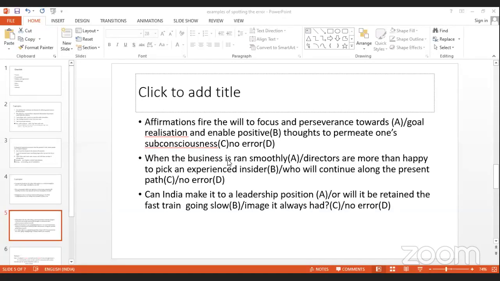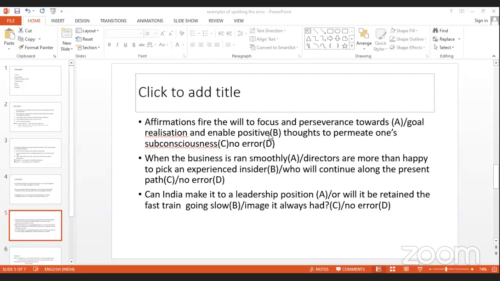So when the business is ran smoothly, incorrect. What will be there? Running smoothly. Now that you have to understand, that is just for understanding purposes. That is running. The ing form will come, but you just need to spot the error.